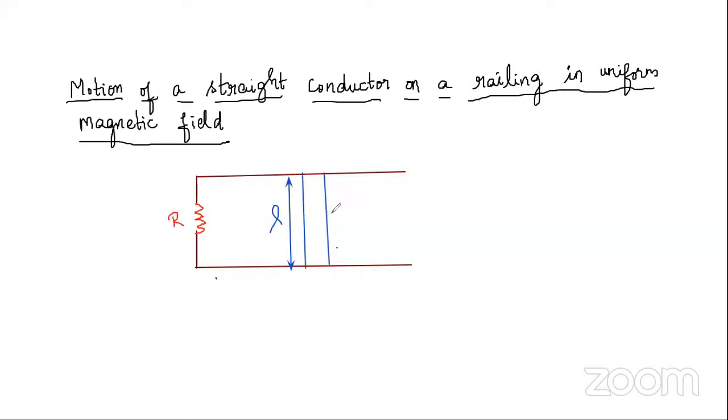And this rod, not the rail, is moving with velocity v. That is a constant velocity.